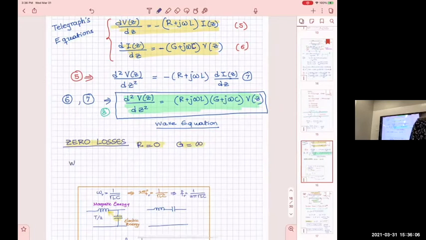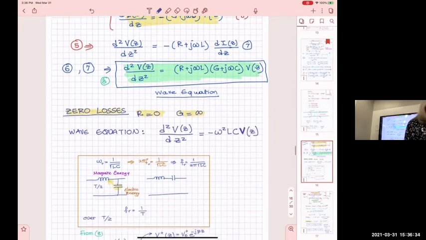The wave equation becomes d squared v of z dz squared equals what? Minus omega squared LC v of z.